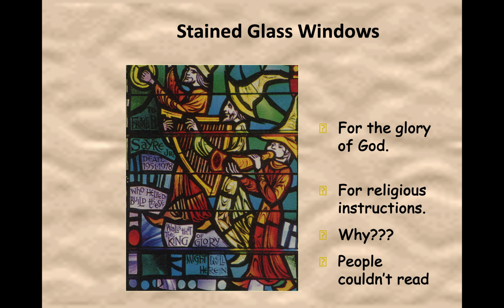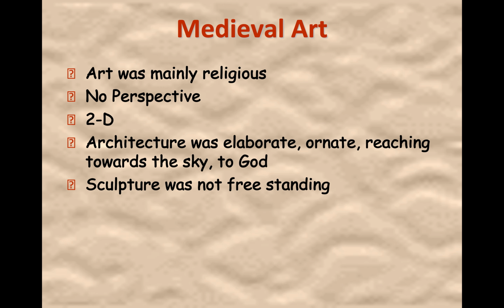People would go into a church to worship and be able to see all the different stories of the Bible around them in the stained glass windows. Notre Dame and many Catholic Gothic cathedrals have beautiful stained glass windows telling all these different stories of the Bible. But there's a reason: the illiteracy of people. Really important.